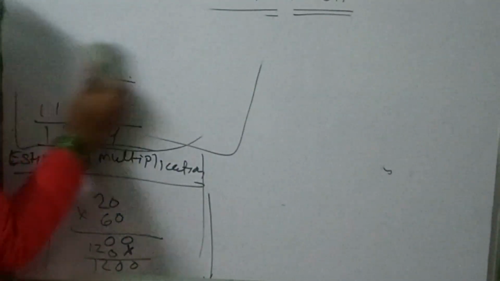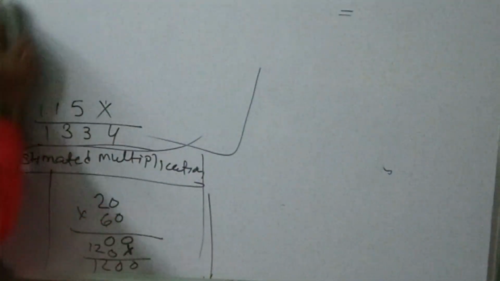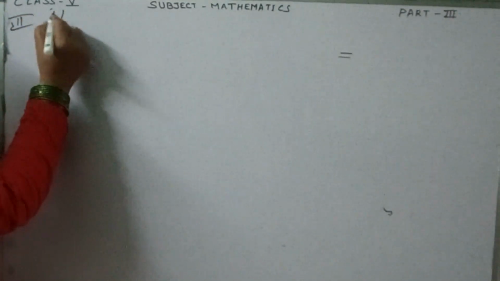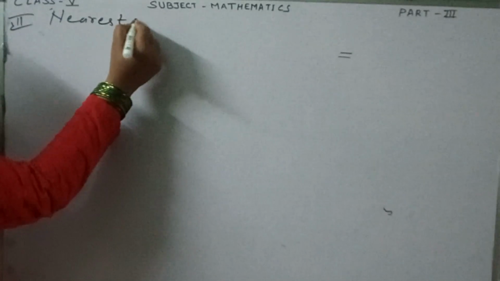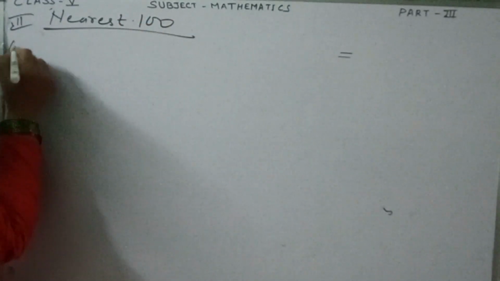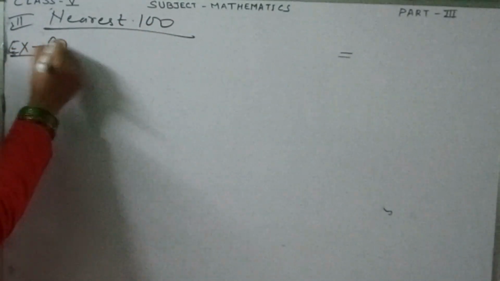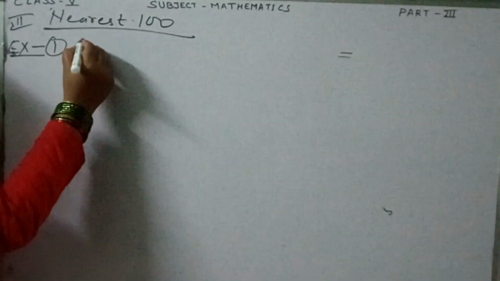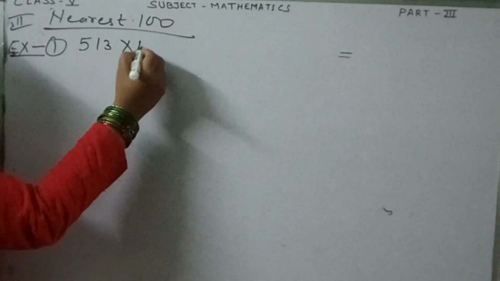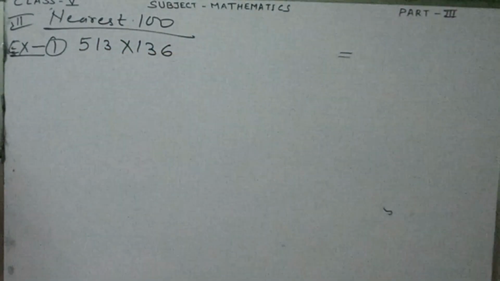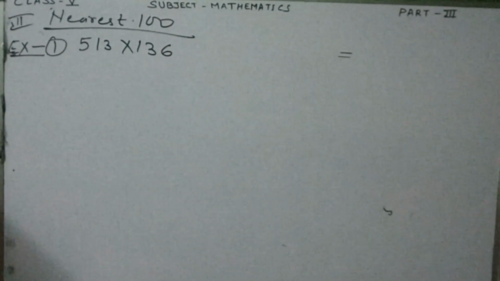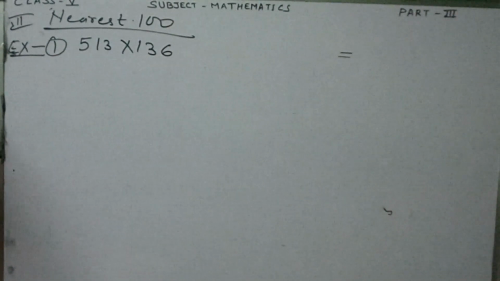The second question is to find the estimation of multiplication to the nearest 100. The example here is 513 multiply 136.